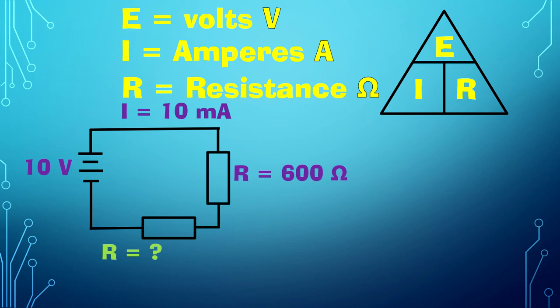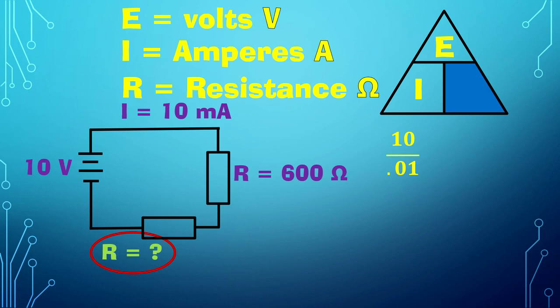All right, now in this circuit, I've got one resistor and I'm looking for the other resistor. The first thing that I want to do is find my total resistance, so I cover up the R. I've got 10 milliamps. I move my decimal place 3 places to the left to change it to amps.